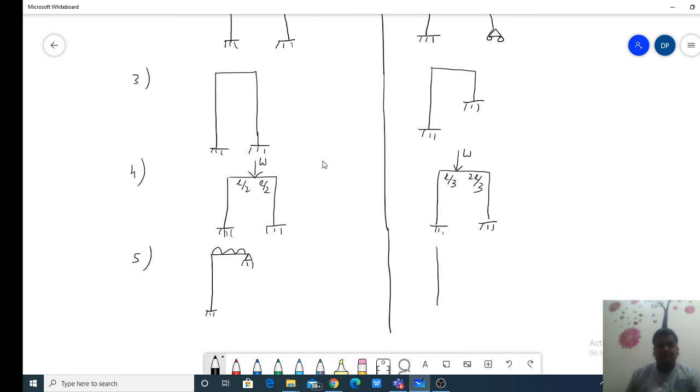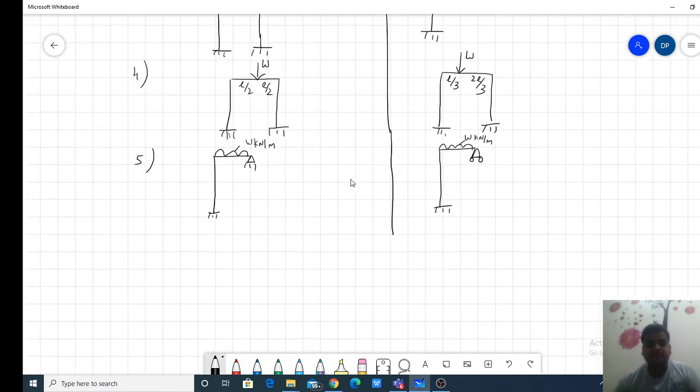But the same frame, with W kilonewton per meter, if instead of this support they have provided a roller support, then this becomes a sway frame.